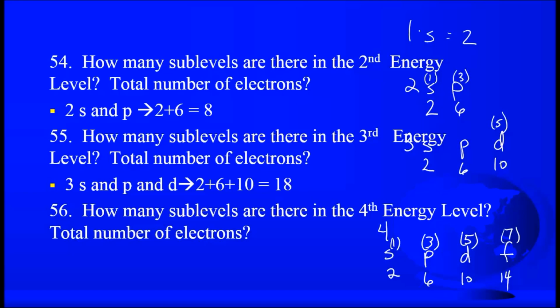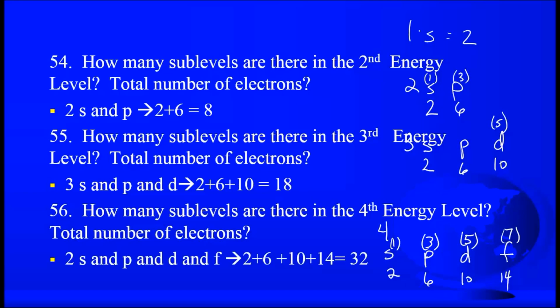What's the total number of students that can live in the 4th floor? 32. Okay. Use a calculator if you need to. 32.